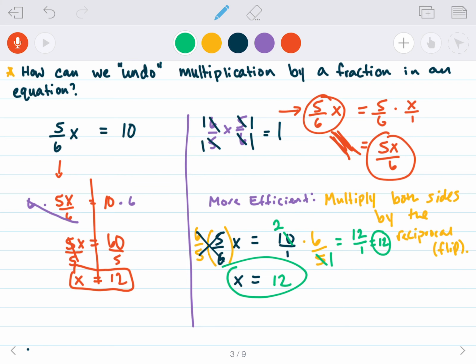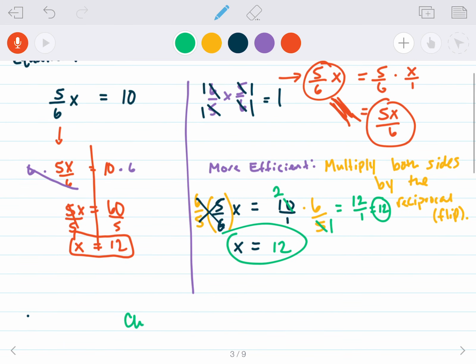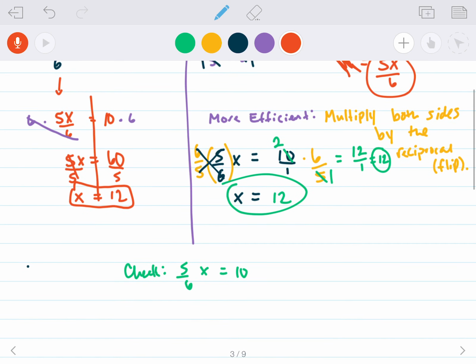Now, we can always check. Remember, we can always check when we have an equation. Our original equation was 5 over 6, x equals 10. Now, I claim that x is equal to 12. So if I plug in 12 into my original equation, I get 5 over 6 times 12. Does that equal 10?